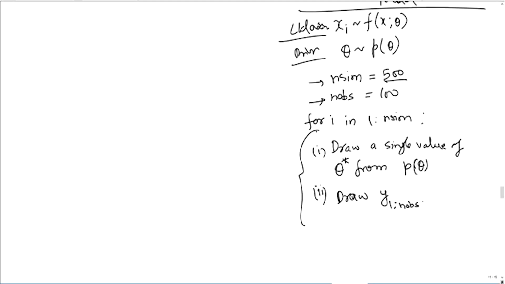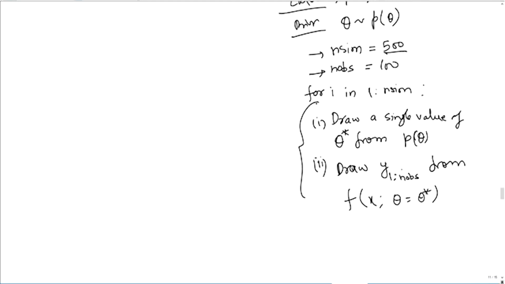So, n_obs data points from f(x | theta = theta star), which is the point value that you have just drawn from your prior distribution, okay. So you have drawn a value from the prior distribution and then you use it to generate n observations, okay.